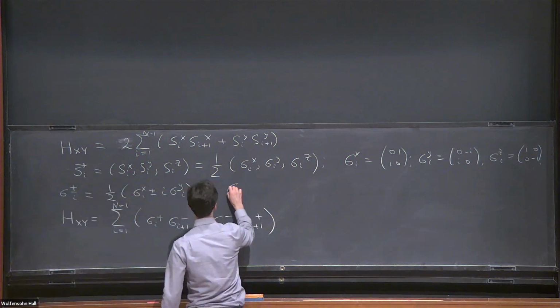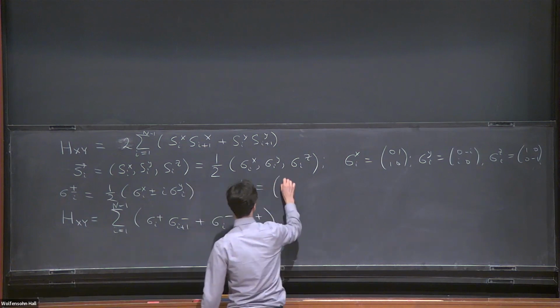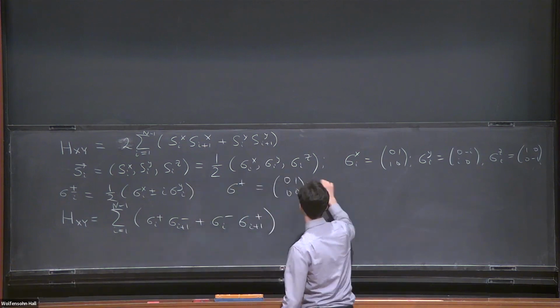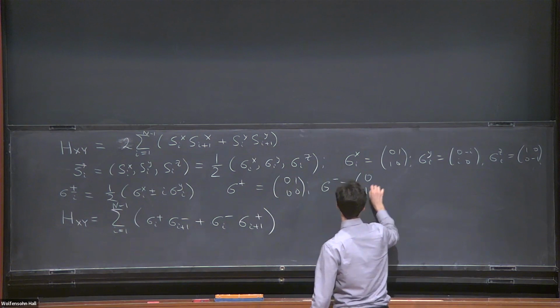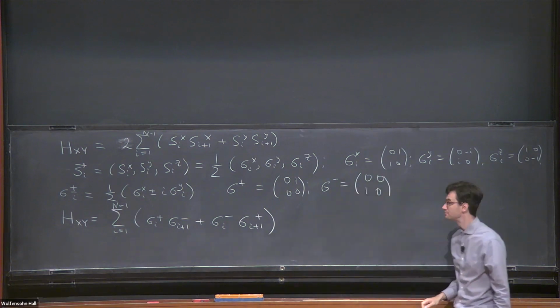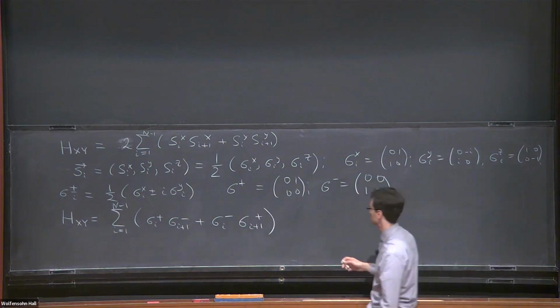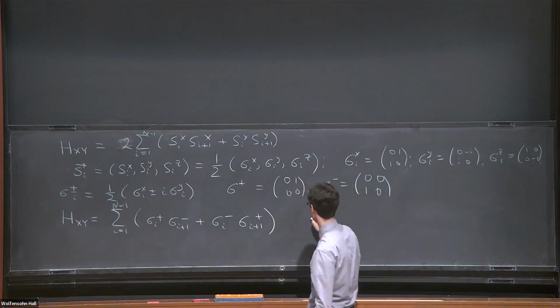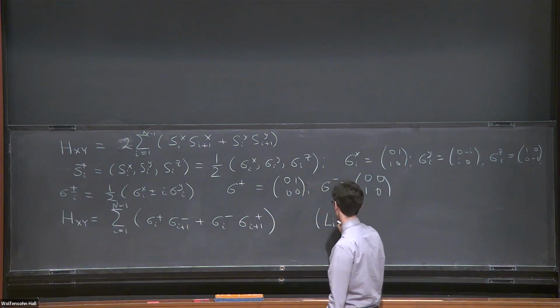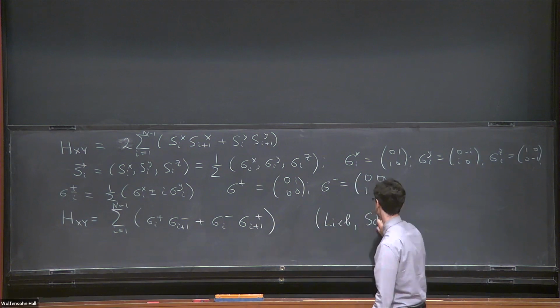The sigma plus and sigma minus are just 2 by 2 matrices. Check this simple form. This model was first solved in the old paper by Lieb, Schultz, Mattis in 61.